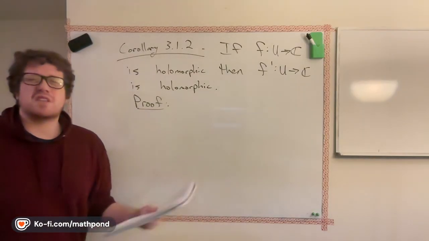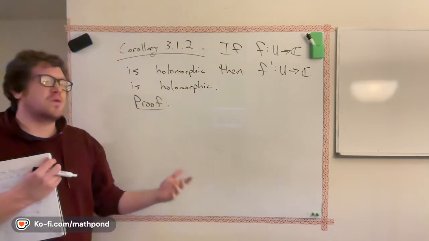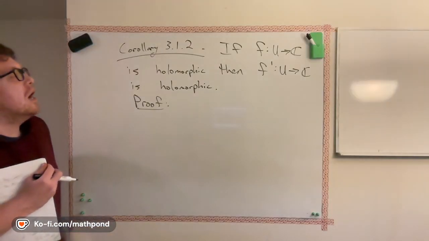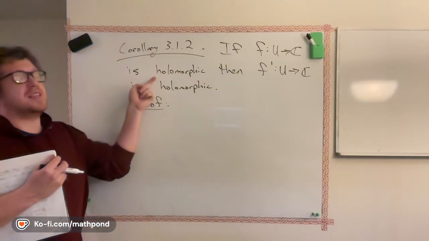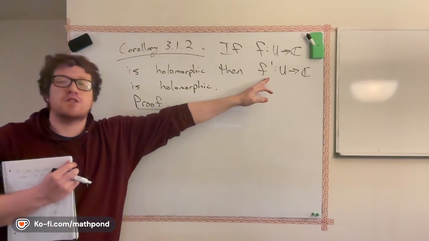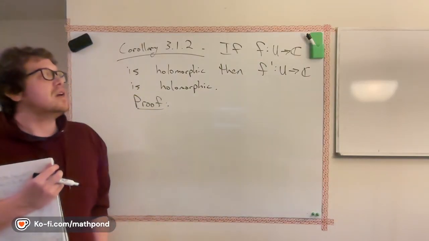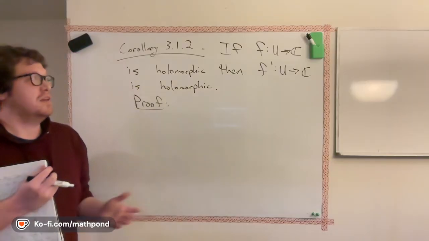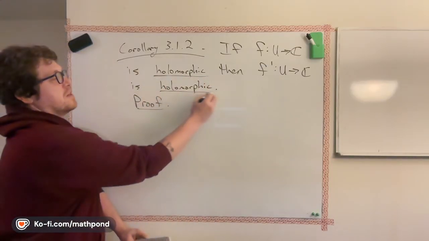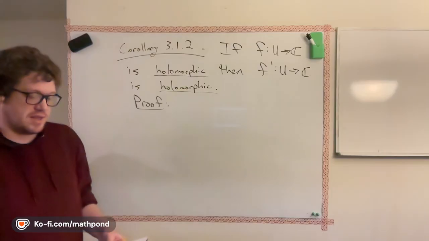This is kind of a surprising result, because the derivative is defined just like the normal derivative in the real case, except now you have complex numbers. Earlier in the book that's not the definition, but they show that it's equivalent to this limit definition. In the real case, it's not always true that if you take the derivative of a differentiable function, the derivative is also differentiable. Not every function is C infinity. But for the holomorphic case, if it's holomorphic, then the derivative is holomorphic, so it's infinitely differentiable automatically. That's a surprising result.